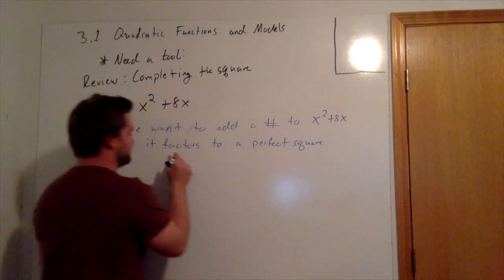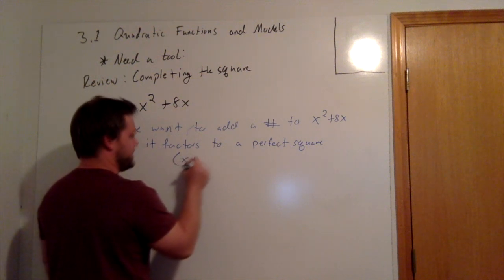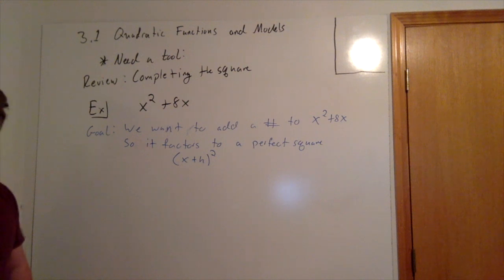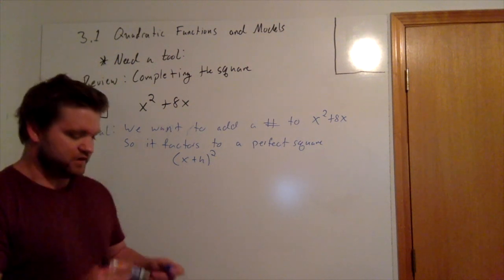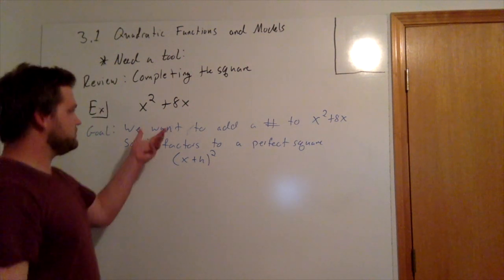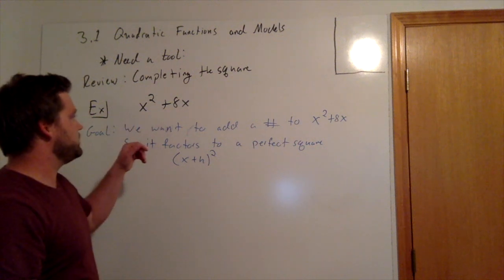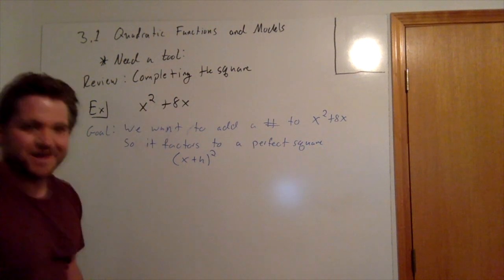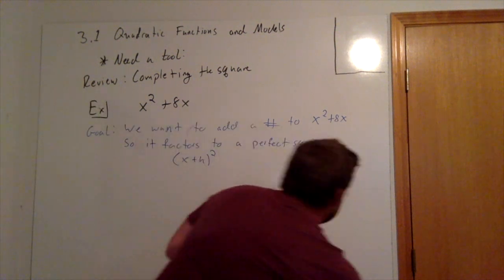And what I mean by a perfect square is I want it in the form (x plus h) squared. Okay, so how are we going to do this? Hopefully you've seen completing the square before. I would like to show you geometrically how this is going to work and why it gets the name completing the square.